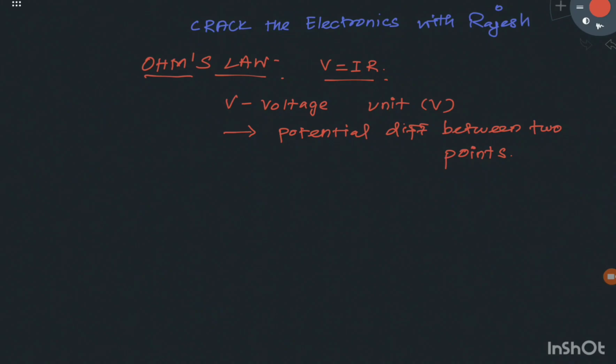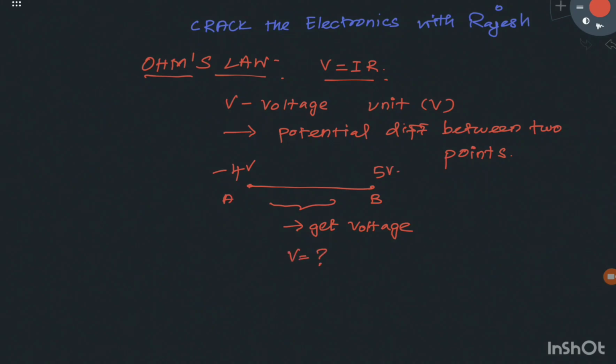So there are two points, A and B. The difference between these two points gives us the voltage. Okay guys, if the voltage at point A is minus 4 volt and the voltage at point B is 5 volt, then what is the voltage?